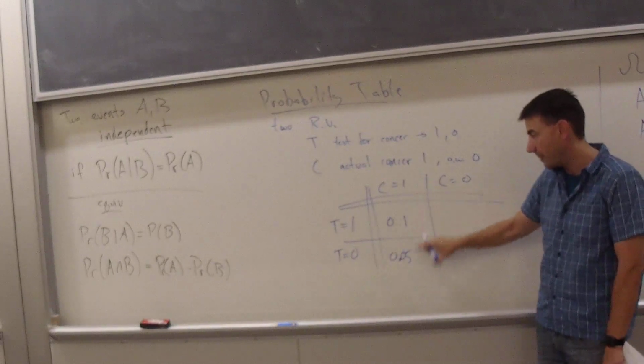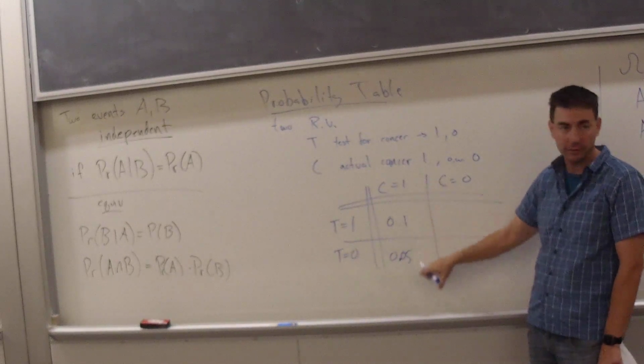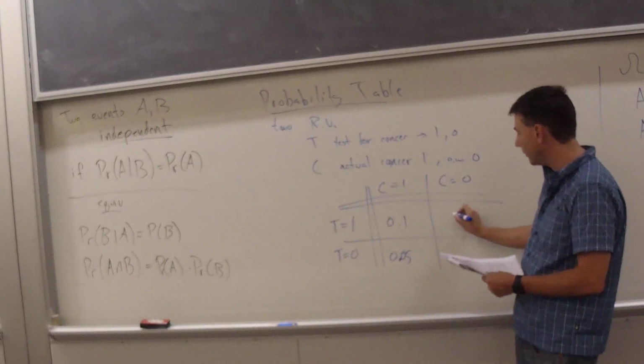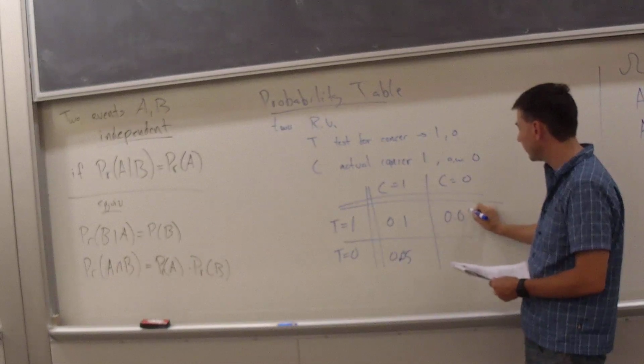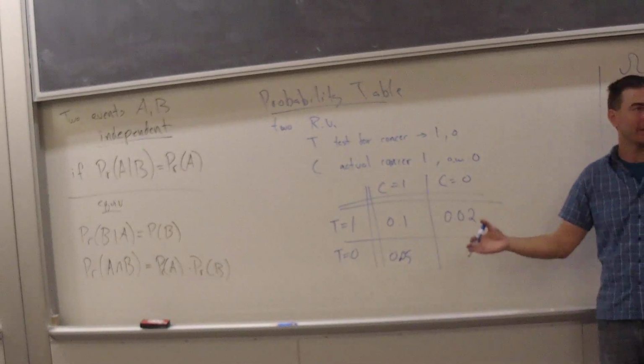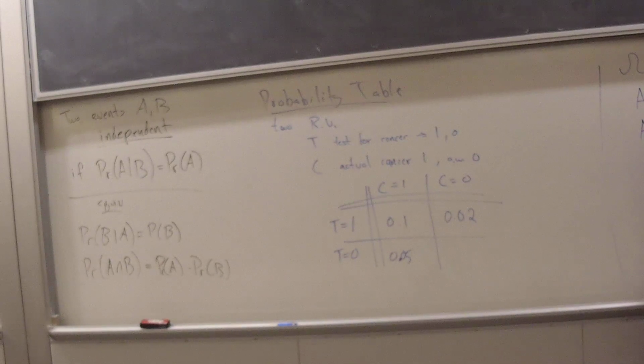So the total probability I have cancer is actually 15%. It could also be that cancer is negative, but the test is still positive. I don't have cancer, but the test says I do. This is not uncommon with the tests. They aren't actually perfect.